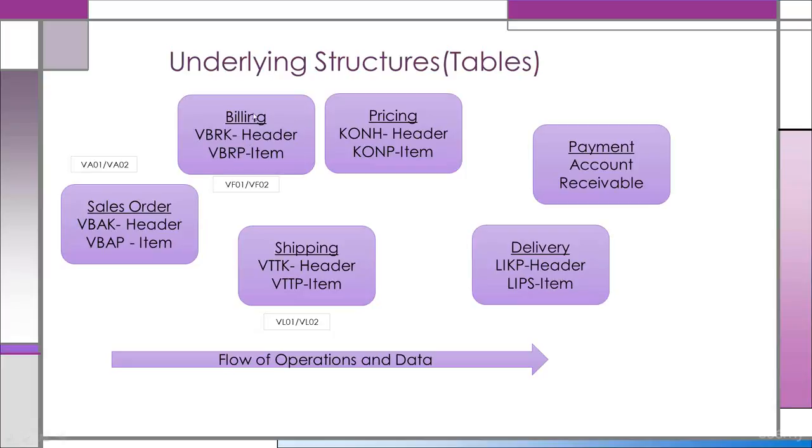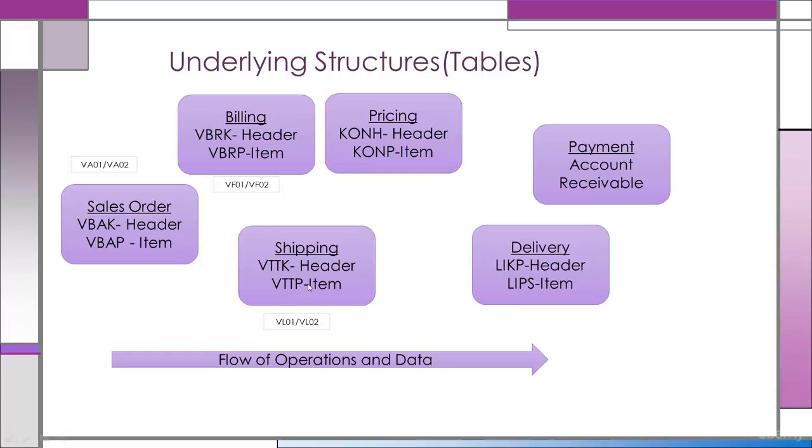So what I would suggest is to go ahead and search for these two terms on the internet and find out what they are. You should know the difference between a header and an item. Sales order is stored in VBAK, VBAP. Billing is stored in VBRK, VBRP, and pricing is stored in KONH as a header and KONP as an item.